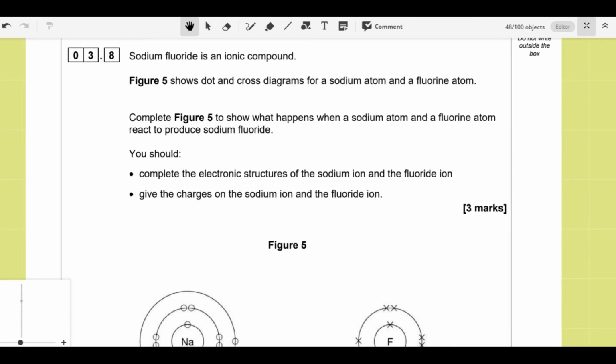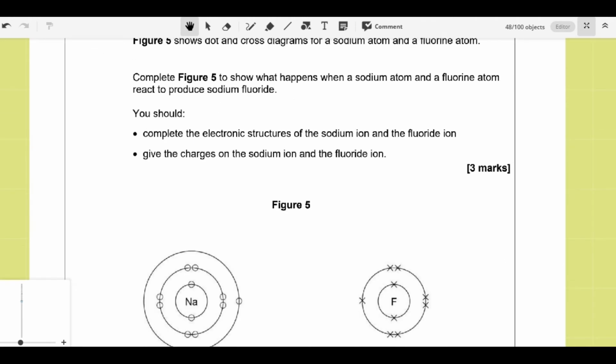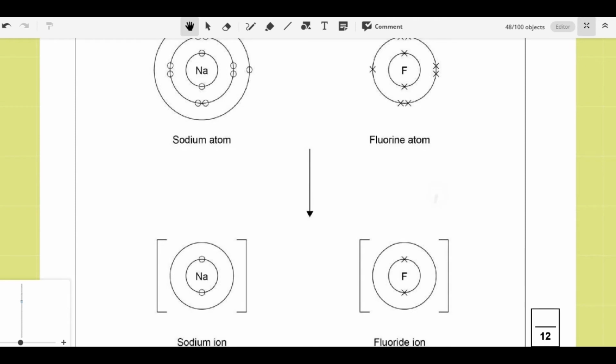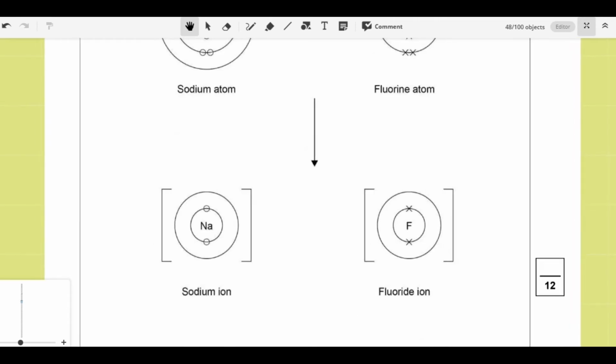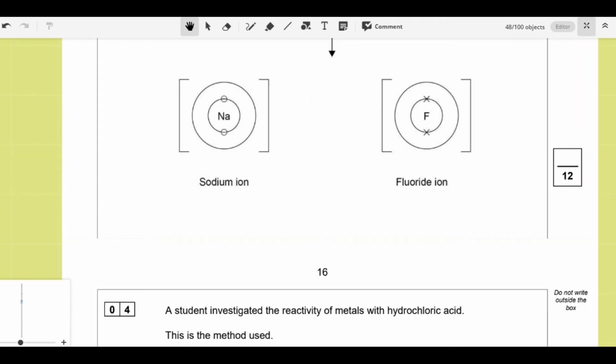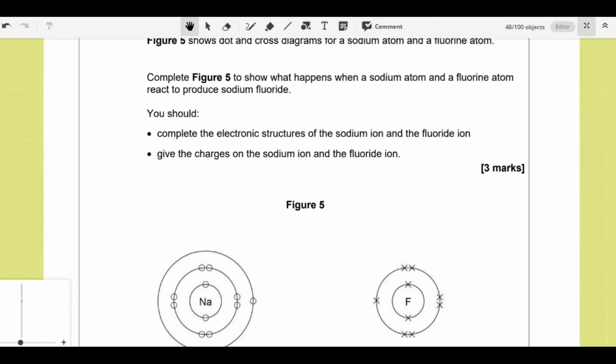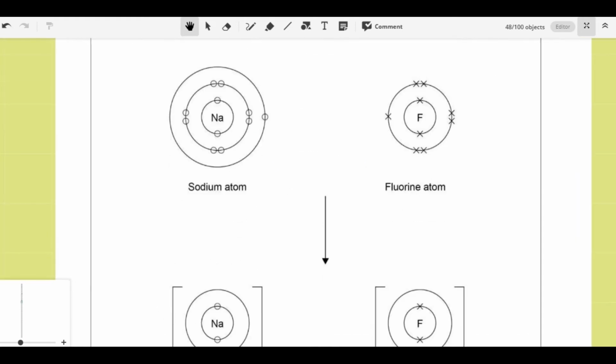Next is, sodium fluoride is an ionic compound. Here all the detail is given. Now for sodium and fluorine, in this case you need to put the charges. First you need to complete the electronic structure of the sodium ion and fluoride ion and give the charge on each.